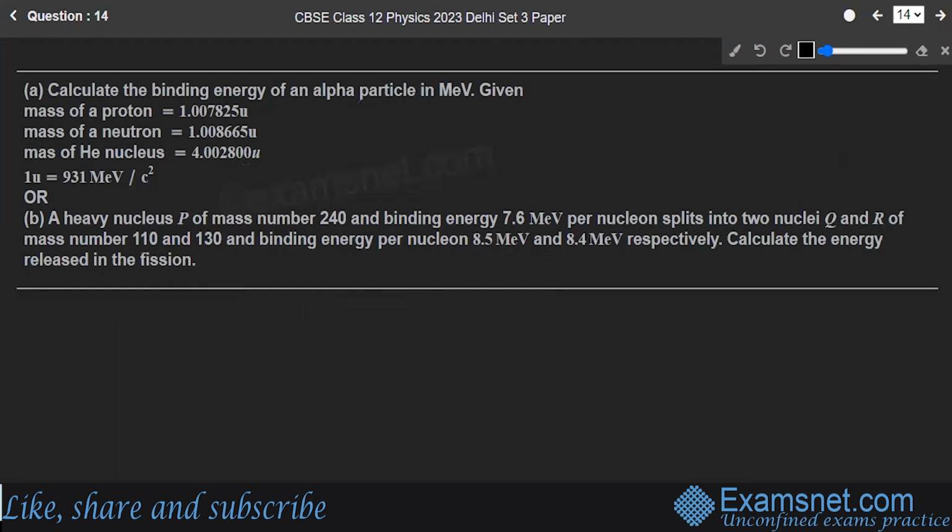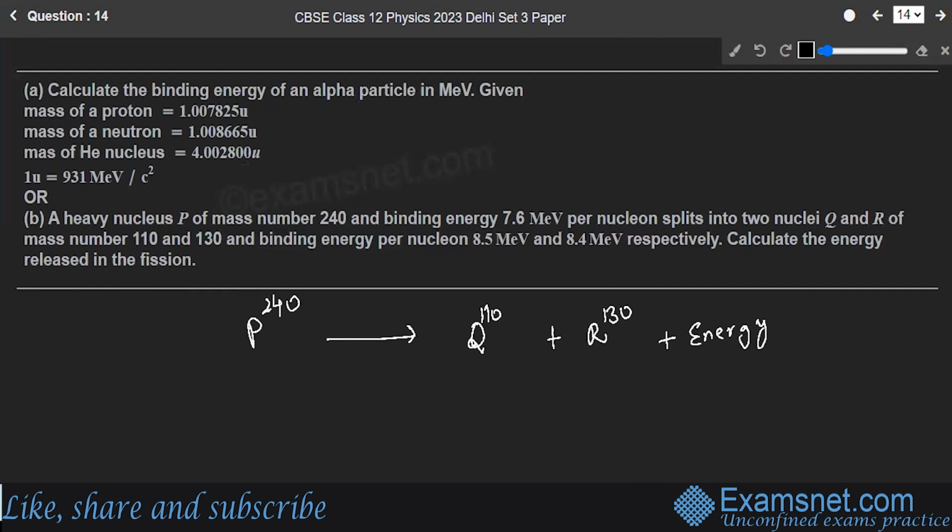So let's clear the screen. According to the question, you have a heavy nucleus P with mass number 240, and it splits into Q and R. Q has mass number 110, and R has mass number 130. Some energy is released.